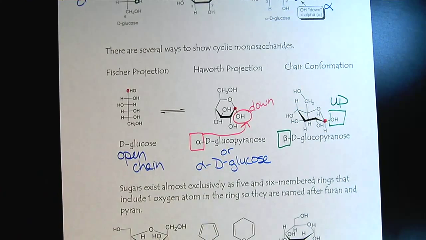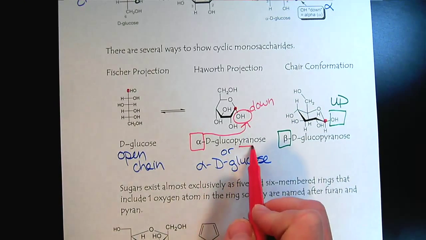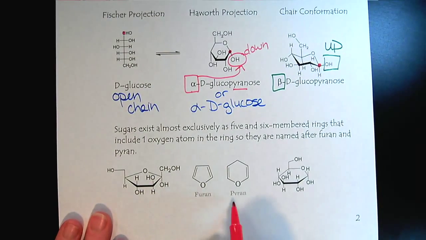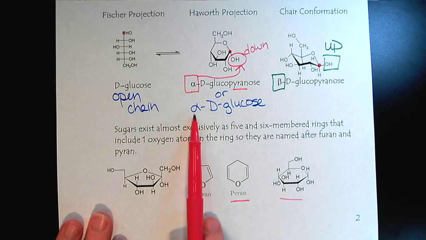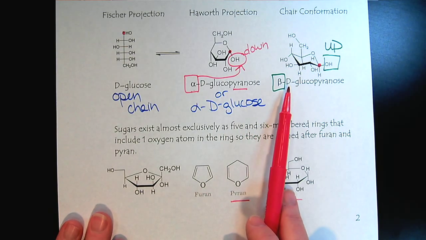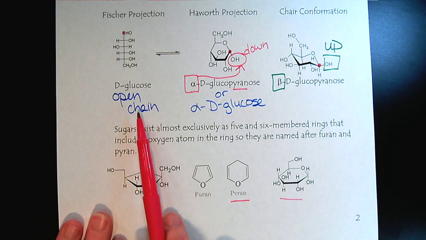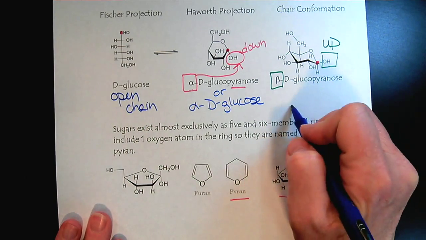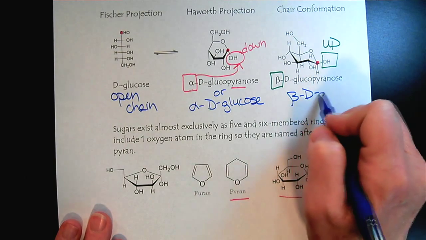Really, the pyranose and the alpha are both telling us that the sugar is in the ring form. So it's a bit redundant, and that's why some people leave it off. If we see the alpha or the beta, we know we're talking about the ring form of the sugar, not the open chain. And the same would be here in the beta form. We could simply call this beta D glucose.